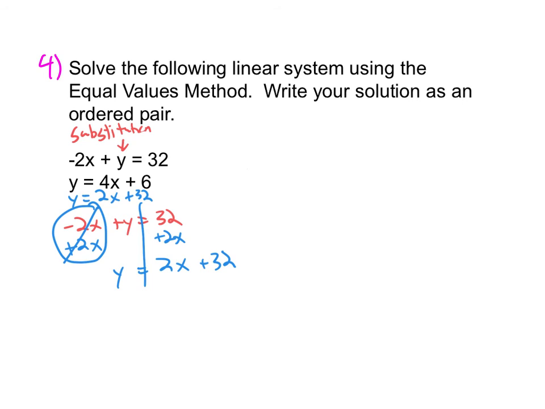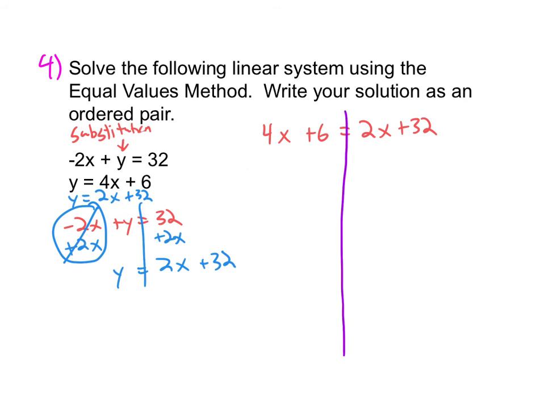Now I've got my two equations that I can set equal to each other and use equal value method, not theorem. So my first one, 4x plus 6, I'm going to set that equal to my new thing that I just found, 2x plus 32. Now it's just some fun with algebra.